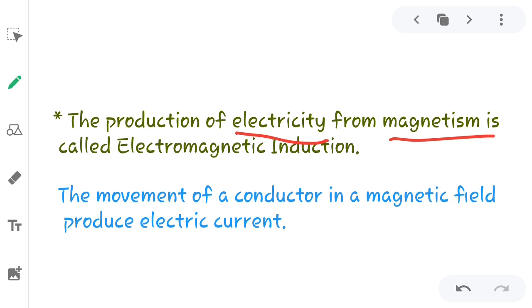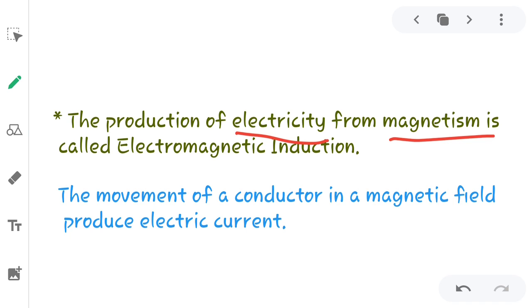What was the principle? When a conductor moves in a magnetic field, it produces current. That is the principle.